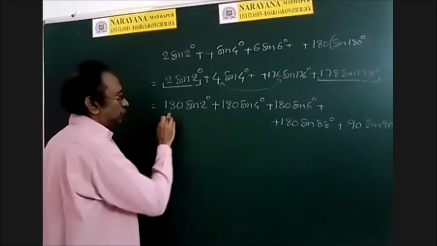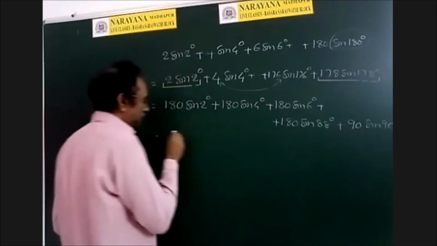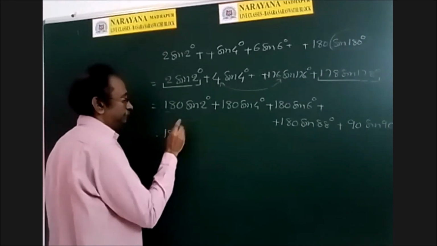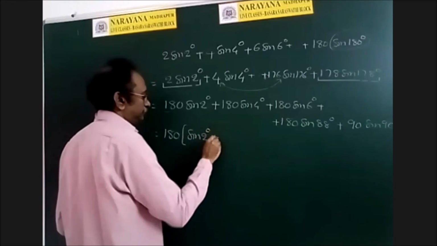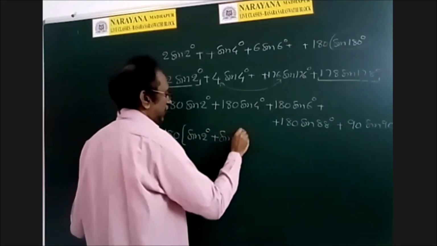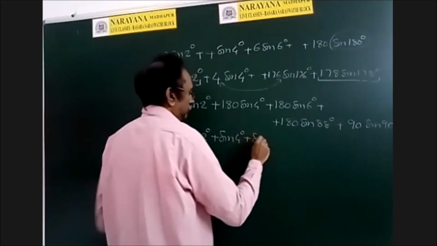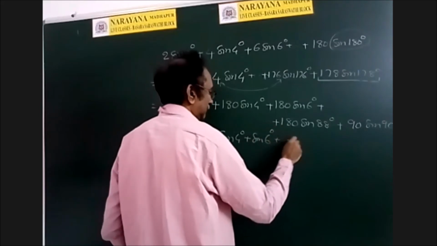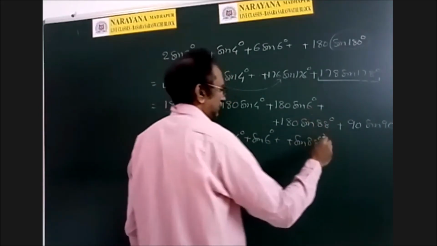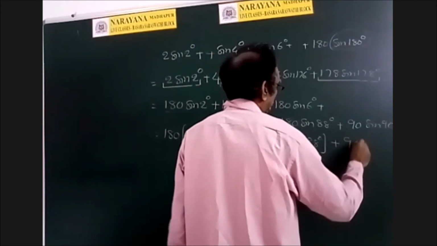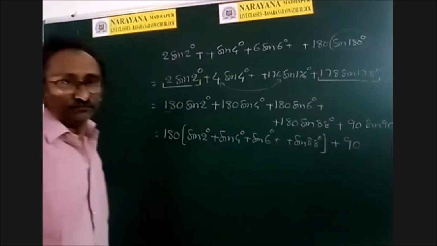So, this is equal to, in all these terms, I can take 180 common, so sin 2 plus sin 4 plus sin 6 plus so on, sin 88, plus 90 into 1, that is 90.